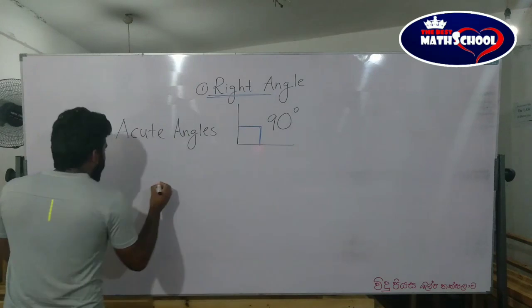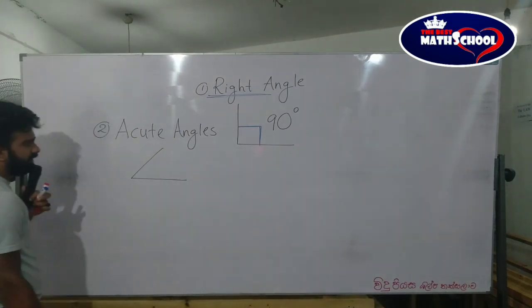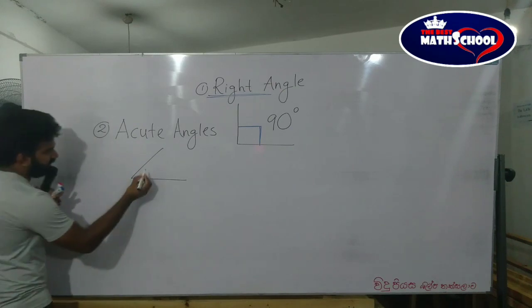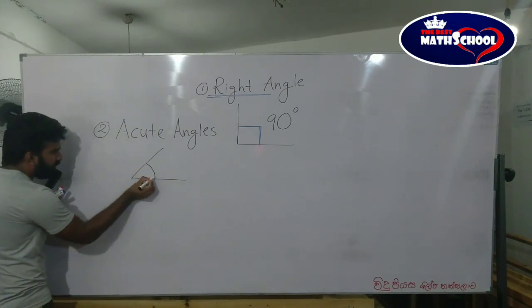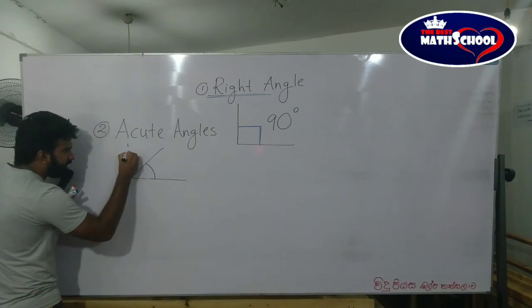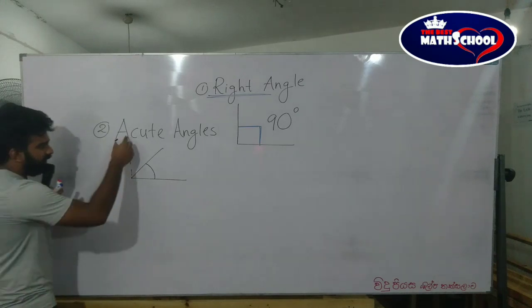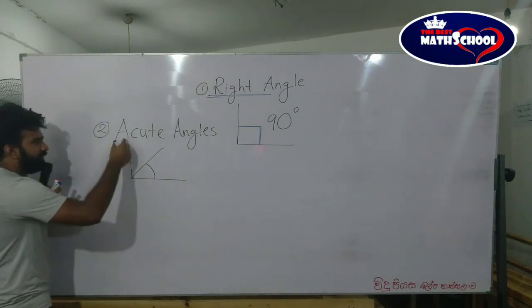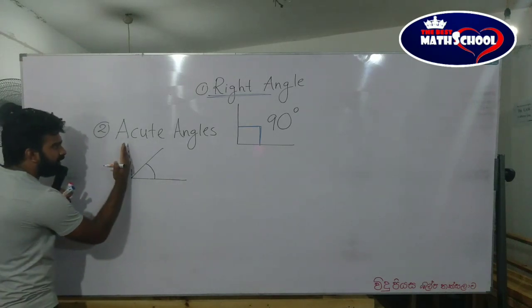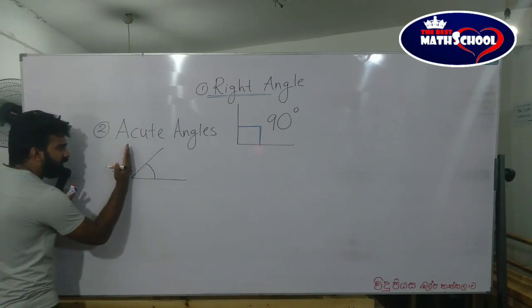That means the angle should come like this, right? If I take an angle like this, this will be the angle. It is smaller than the right angle. If I take a right angle, it will be like this. But now, if it is an acute angle, this arm should come this way.